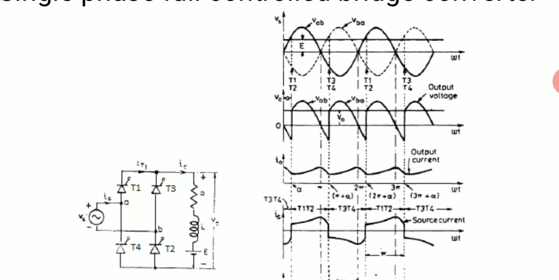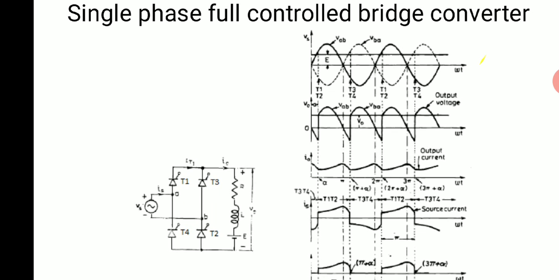We will be requiring minus Vm sine omega t in this case. Hence, we have already drawn that waveform in dotted lines. Now, we have also drawn capital E in this first waveform.